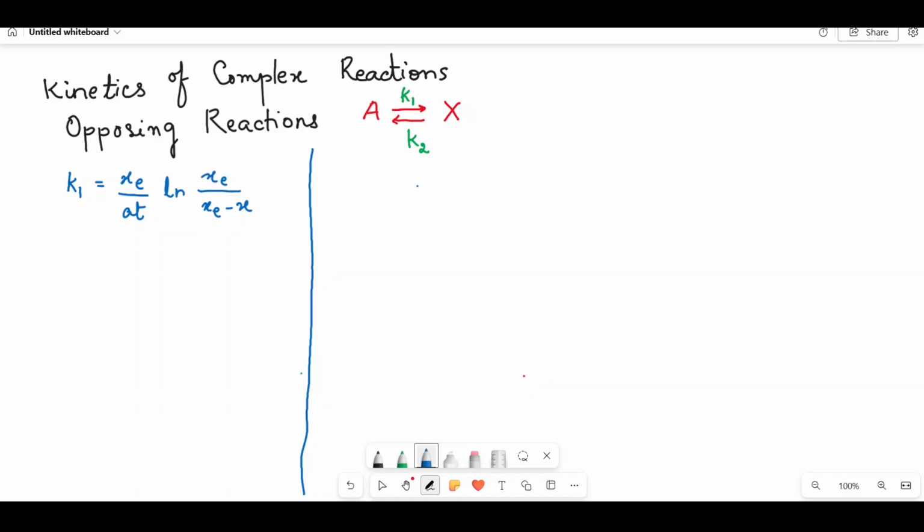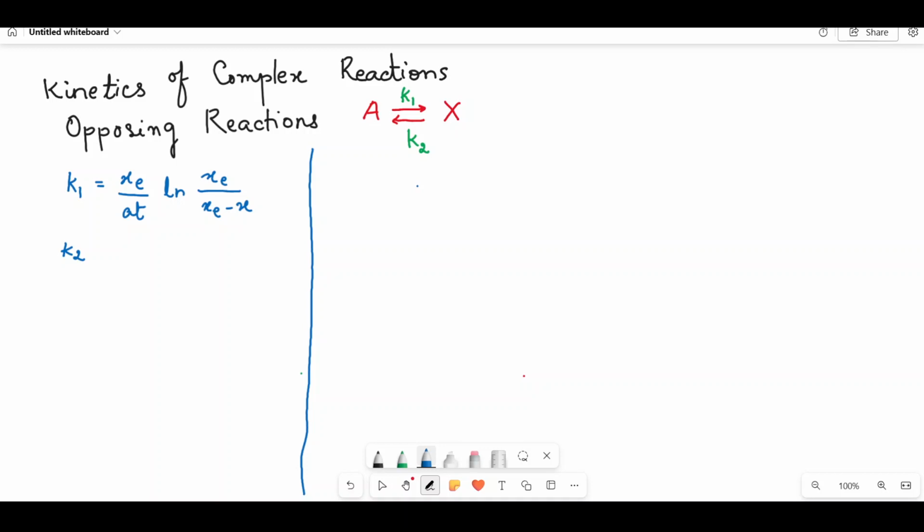Further, the value of K2, that is this one, can be calculated by substituting the values of K1, A and Xe.